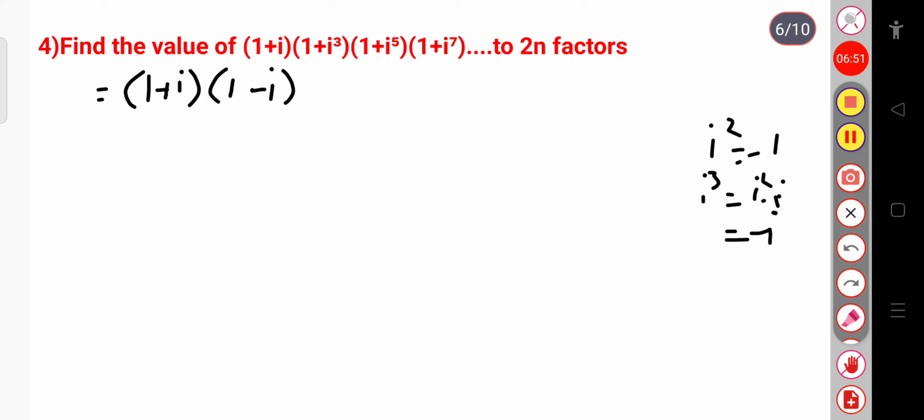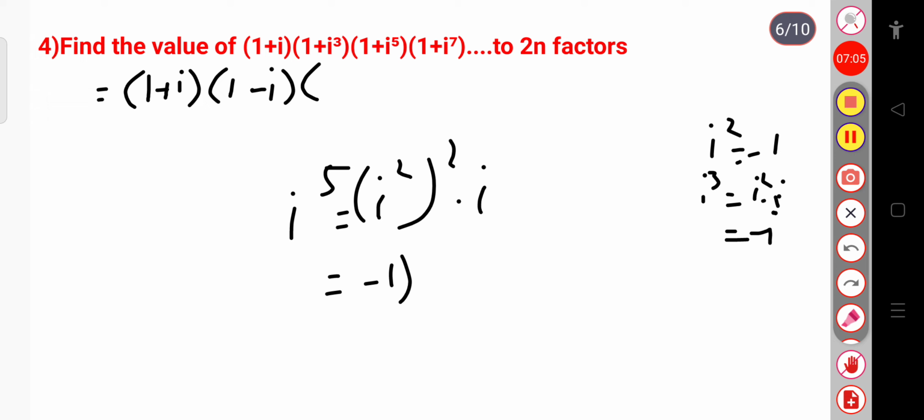Clear? Similarly, for i to the power 5, I can write this as (i squared) whole squared into i. So this will be (minus 1) to the power 2 into i; minus 1 squared is plus 1, and plus 1 into i, so this becomes i. So I can write here 1 plus i in place of 1 plus i to the power 5.